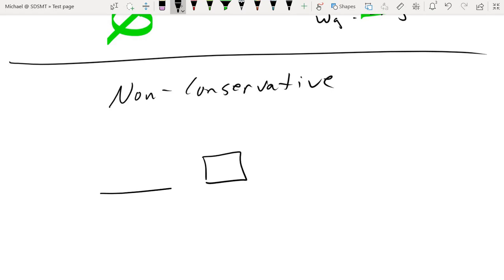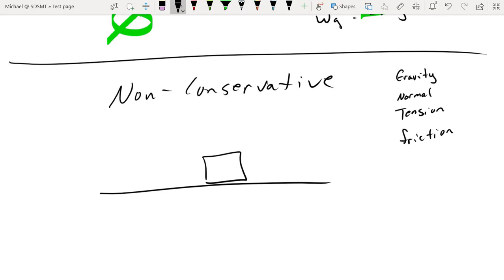We have a number of options that are out there. Obviously, we've already seen gravity, but what about a normal force, or a tension force, or friction? All of these are forces that we would have to consider. We could consider centripetal force, but really centripetal force is just one of the forces mentioned above.